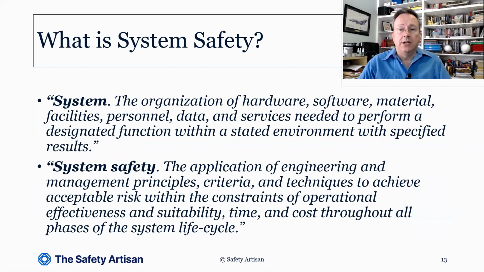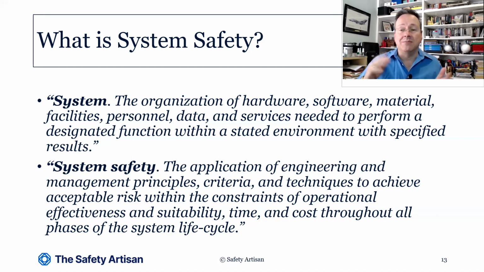So, a little definition of system safety. It's the application of engineering and management principles, criteria, and techniques to achieve acceptable risk within a wider context. And this wider context is operational effectiveness.